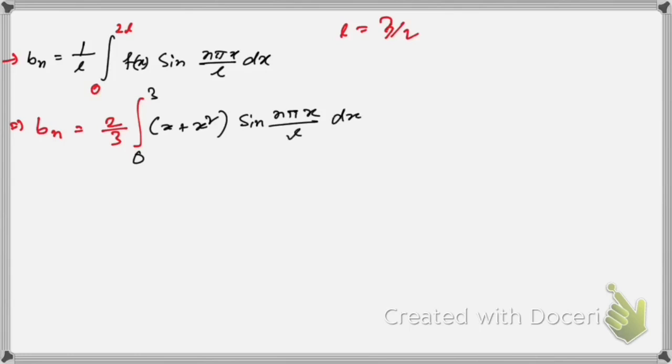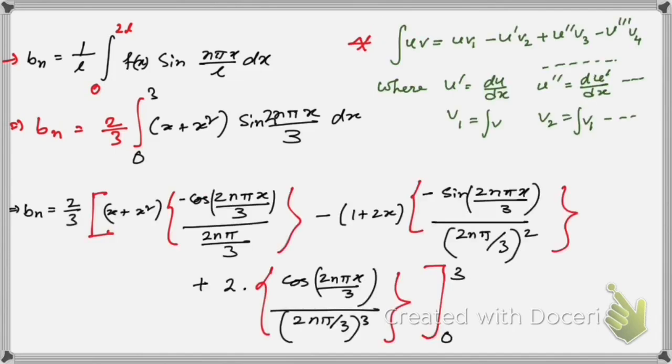Now how to evaluate such type of integral I have already explained, so let me write the result directly. So after integration you will get this result, right? And here we have applied this rule, because I have already explained how to apply it, so I have skipped that explanation. So this is the result.